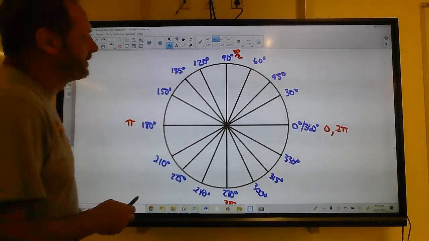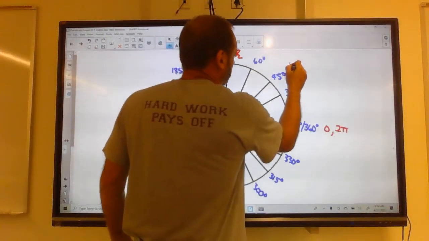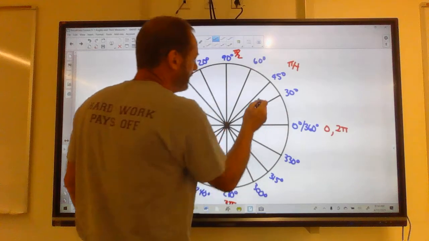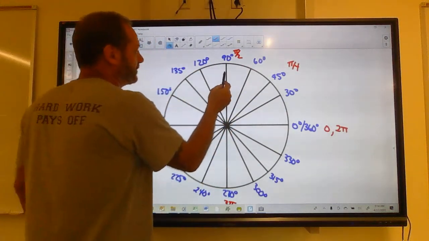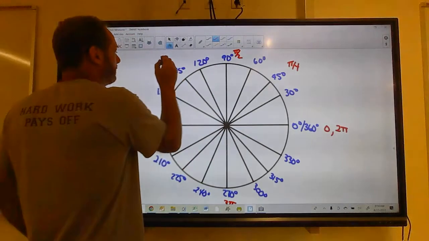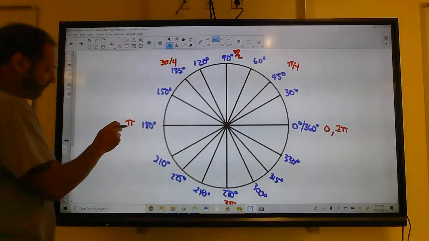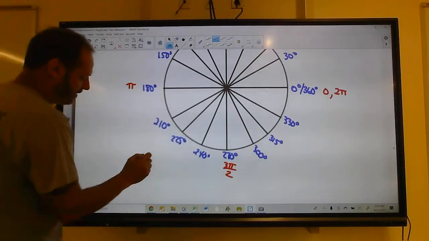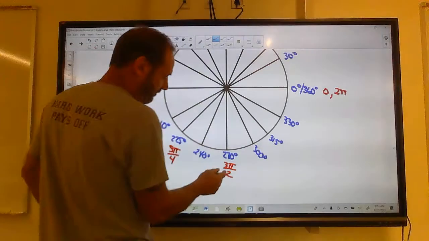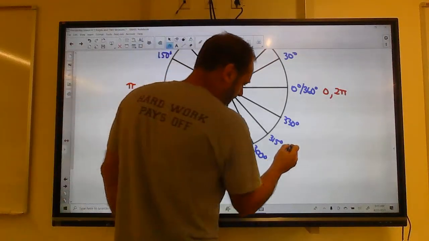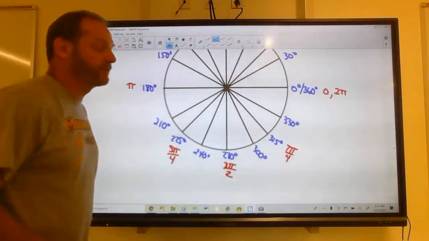Then this would be half of pi over 2, which is pi over 4. So I'm going to be counting by pi over 4: 0, pi over 4, pi over 2, that's 2 pi over 4, 3 pi over 4, 4 pi over 4, which is just pi, 5 pi over 4, 6 pi over 4, which reduces to 3 pi over 2, 7 pi over 4, and 8 pi over 4, which reduces to 2 pi.